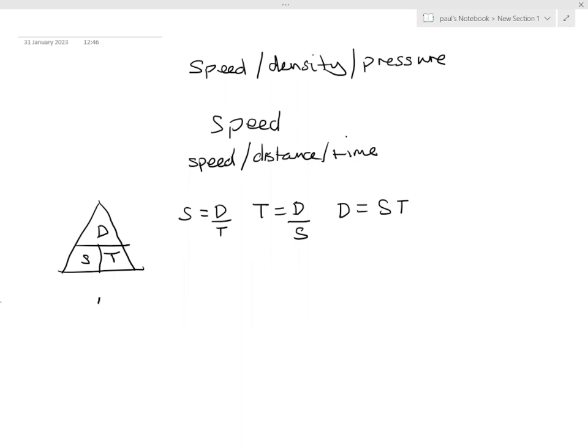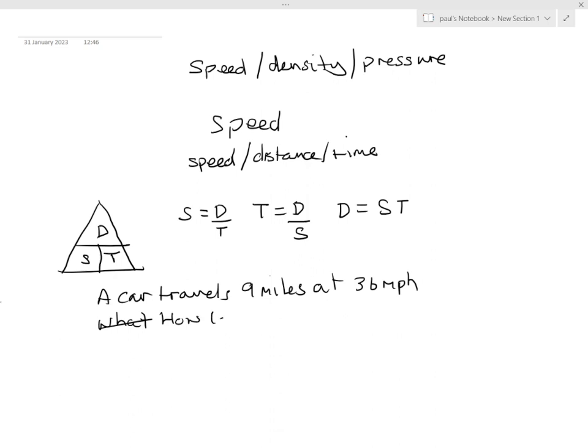So let's have a look at a couple of questions. A car travels 9 miles at 36 miles an hour. That's the distance, that's the speed. How long did it take?